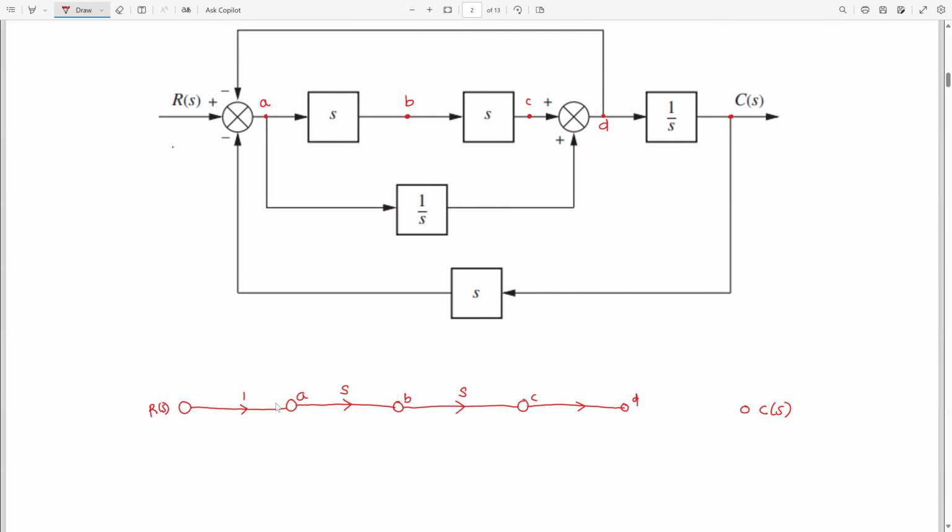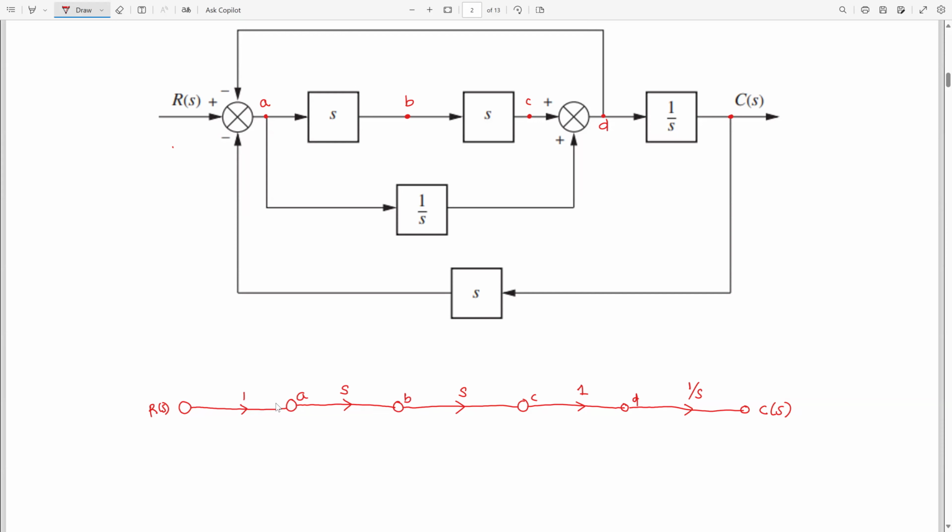It has a transfer function of 1, because the transfer function of a branch in a control system is just 1, and it's +1 because of the plus here. Now from D, I move on straight to C of S. I indicate the direction of the signal and name it with the transfer function of the system over there, which is 1/S. Now I'm done with the forward path.